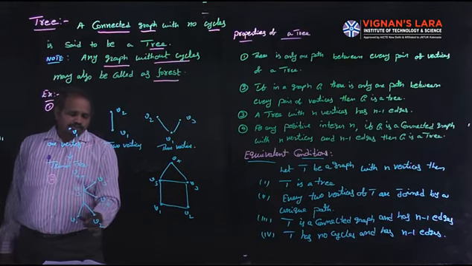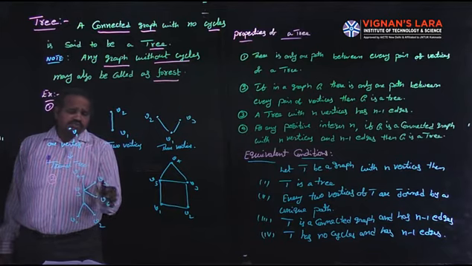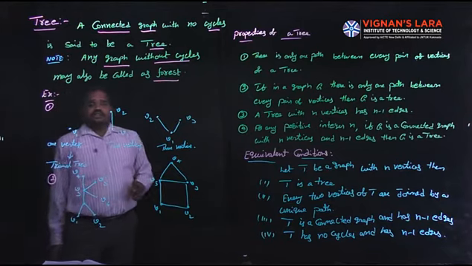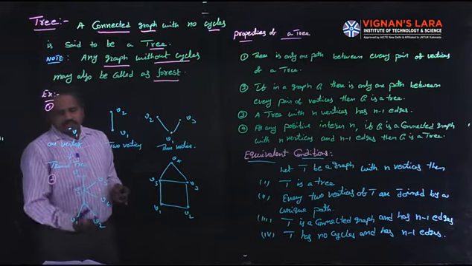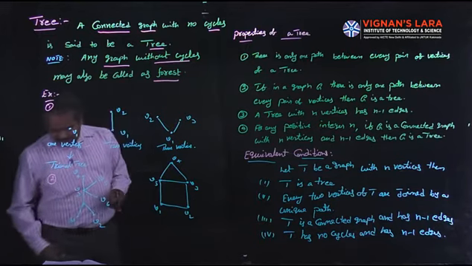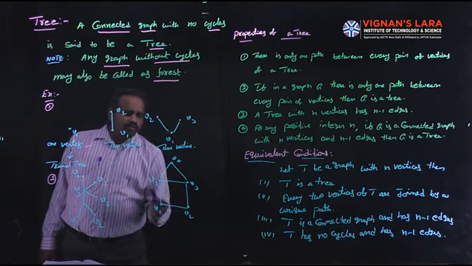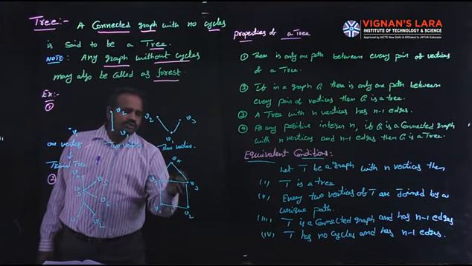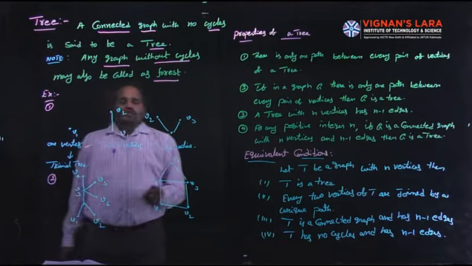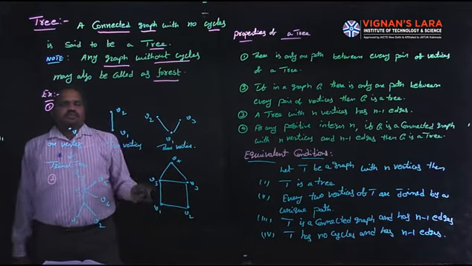So this one is also having 6 vertices and 6 edges. Coming to this one, v1, v2, v3, v4, v5. So in these, which are the trees and which are not trees?